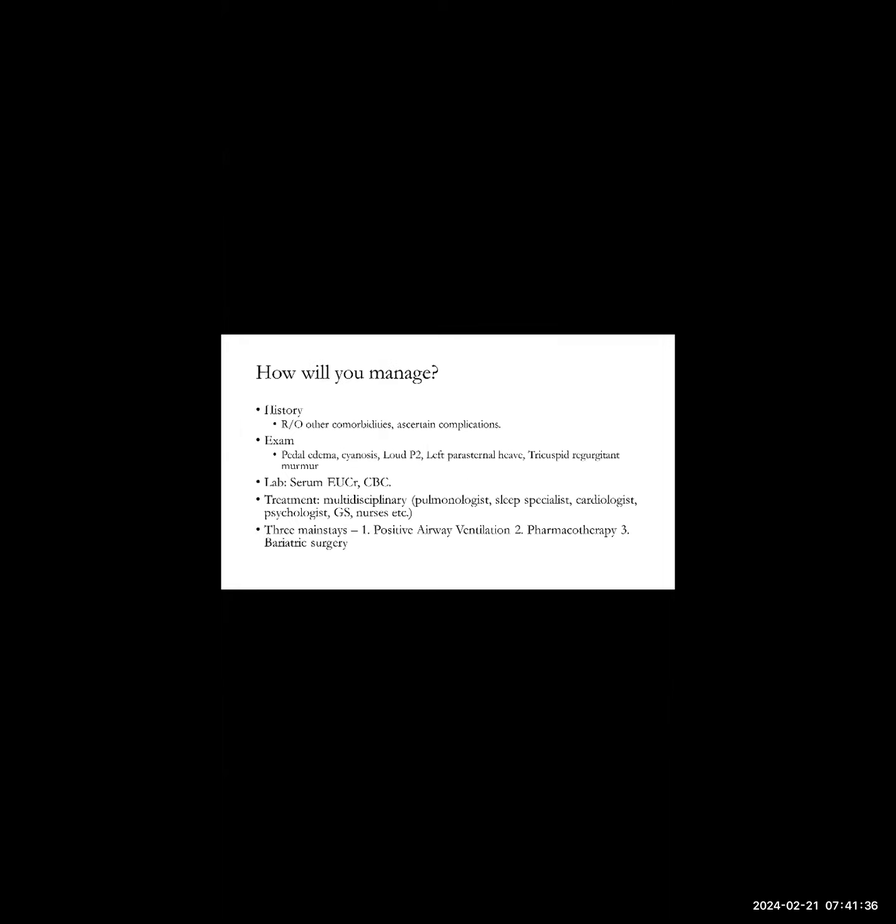How will you manage? First of all, I would like to take further history in the patient, one, to ascertain other complications of obesity that may be present. We know that these patients are also predisposed to coronary artery diseases, they are predisposed to cancers, and then also to check for other comorbidities, although it's been said that this patient doesn't have hypertension, doesn't have diabetes, but those will be comorbidities that would also need to be checked for.